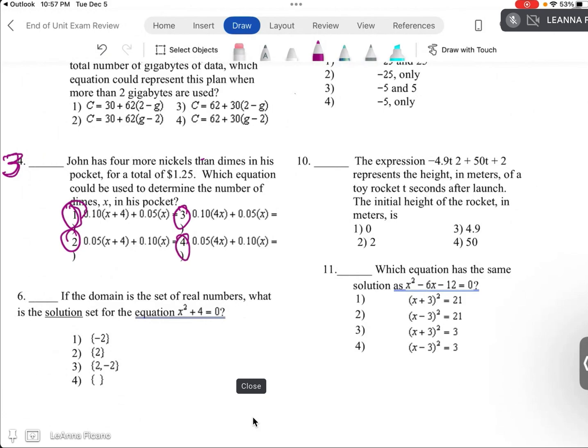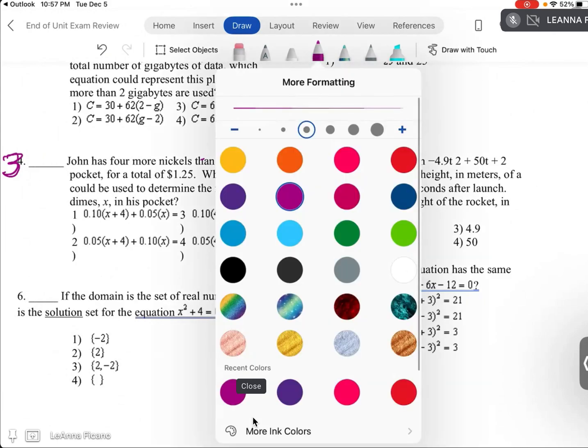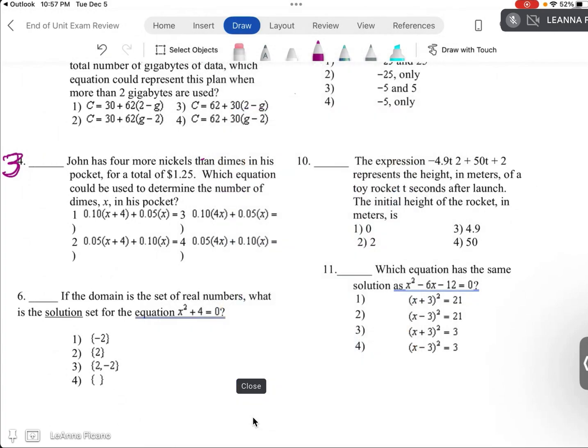For whatever reason the format got messed up, so it still looks really weird, but you're just looking for the equation here. So let's see if you can make sense of it.